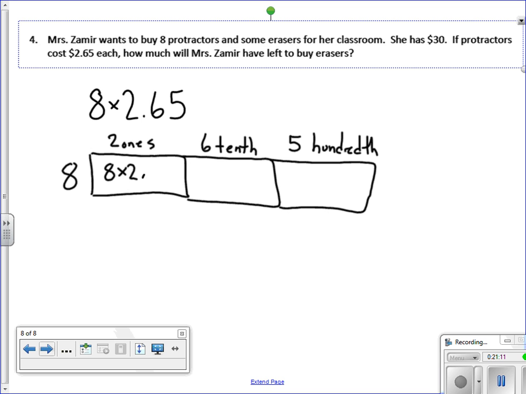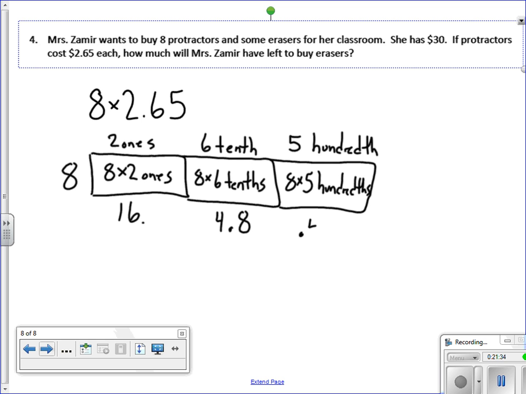Gives us 8 times 2 ones, which gives us 16. 8 times 6 tenths is 48 tenths, which looks like 4.8. And 8 times 5 hundredths. 8 times 5 is 40. 40 hundredths looks like this.